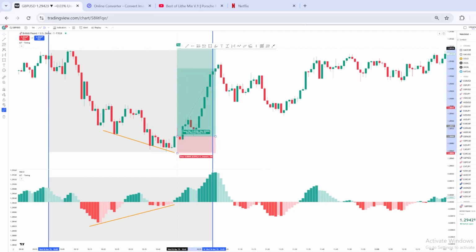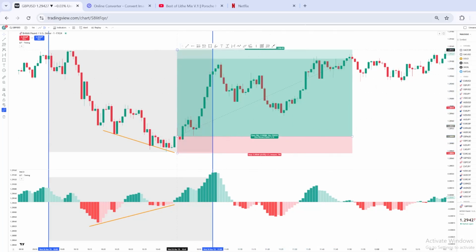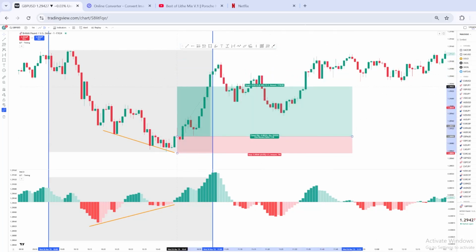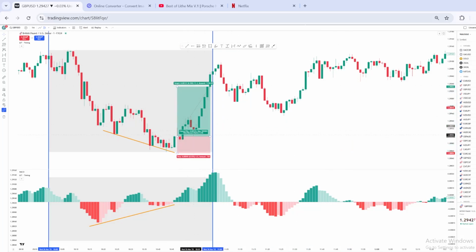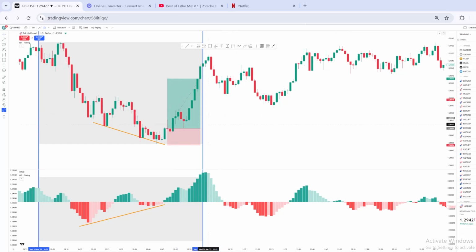Sometimes it will go till 5 RR, but if you want consistent profits, I would say, like, let's keep it at 3 RR. That seems to always work for me, and it's a good win rate for this RR as well.